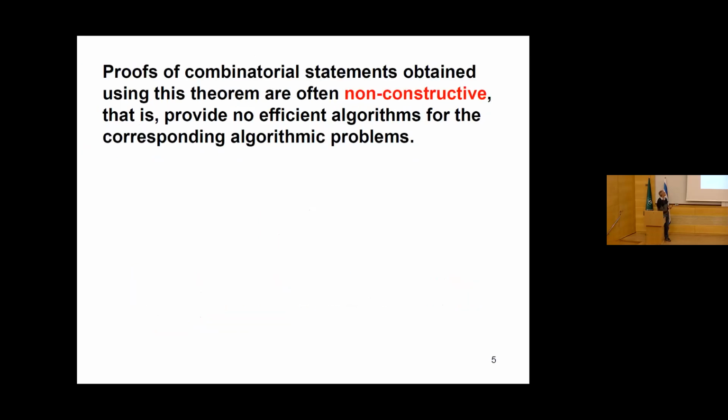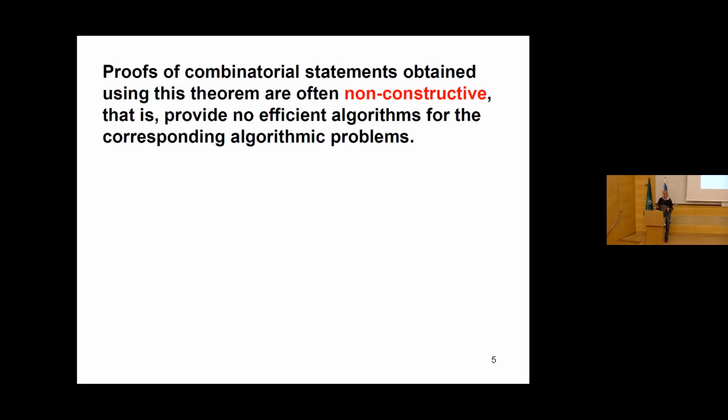One statement that I wanted to make before is that usually when we apply these combinatorial notions to prove some statements, the proofs obtained are non-constructive, in the sense that they do not provide efficient procedures for solving the corresponding algorithmic problems.